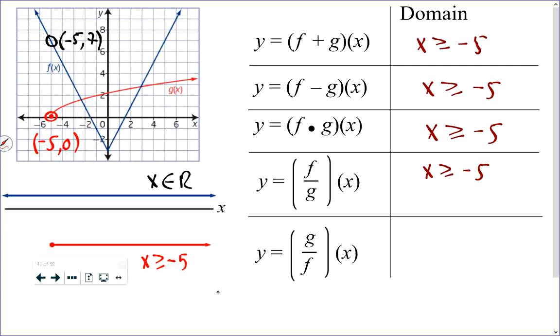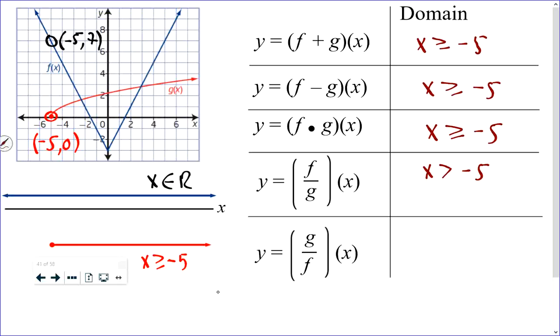F over g means you're going to take the y-coordinate on f, divide by the y-coordinate on g, but that means you take 7 divided by 0. And you can't do that. You can't divide by 0. So x is greater than or equal to negative 5 is not the domain. X is greater than negative 5 is the domain. We start off with the common domain and then we remove from it any value of x that makes division by 0 happen.